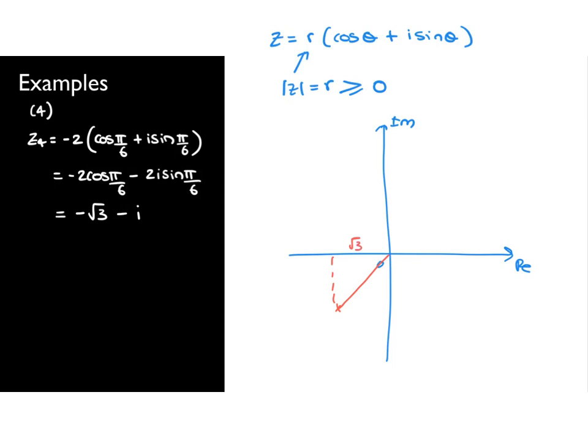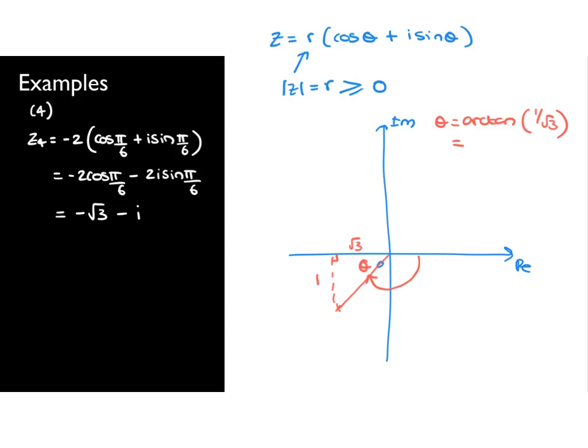That measurement there is root 3, that measurement there is 1. And of course the argument would be this angle over here. So if I call this theta, first of all, let's work out what theta is. So theta is equal to arctan, or tan to the minus 1, of 1 over root 3.